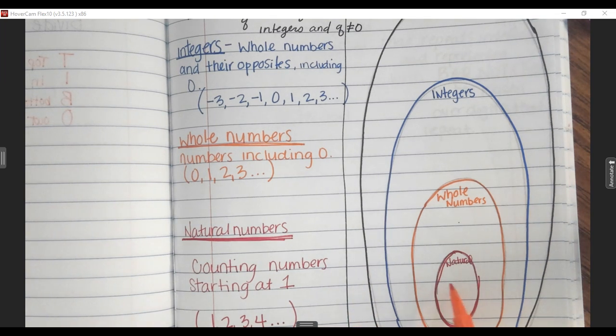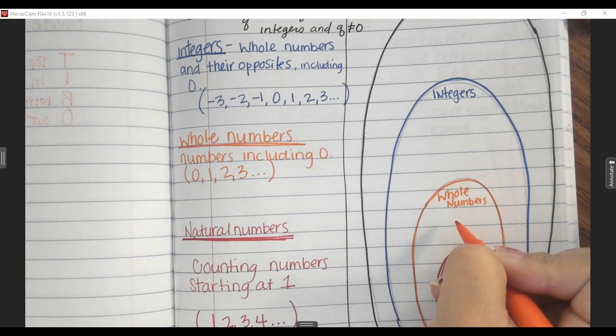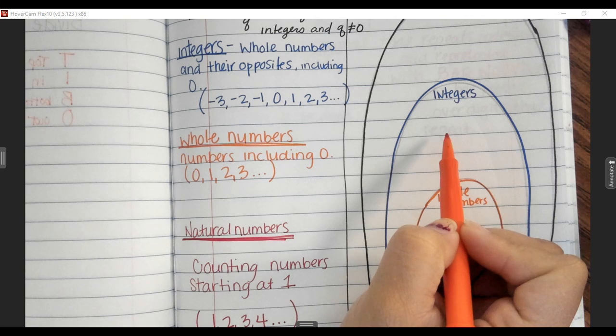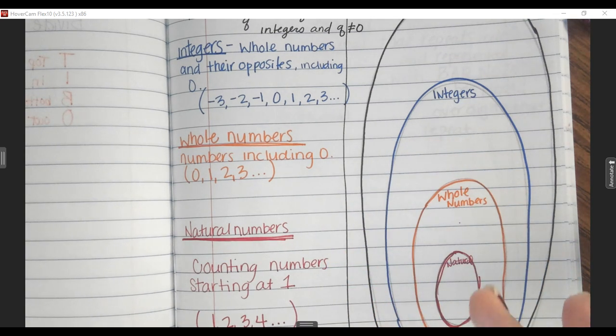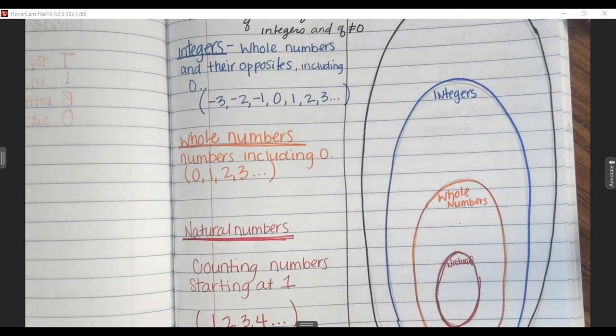Now, I wouldn't put 0 in natural numbers because natural numbers do not include 0. Okay, so I know that 0 is considered a whole number, so I can put it here, and 0 is also an integer that I can put here. Okay, so these are just examples of where I could put these numbers based on the definition.